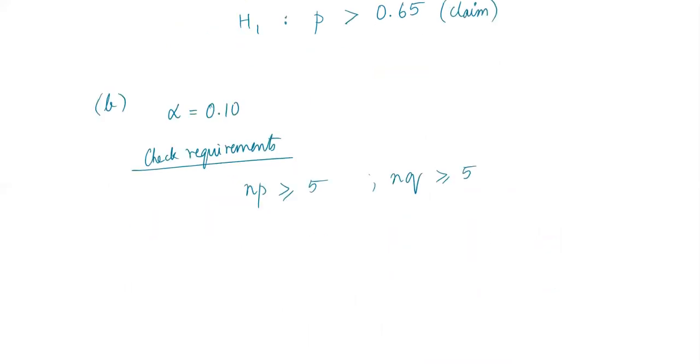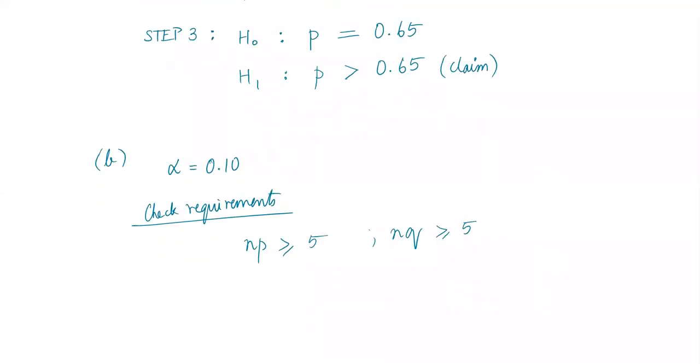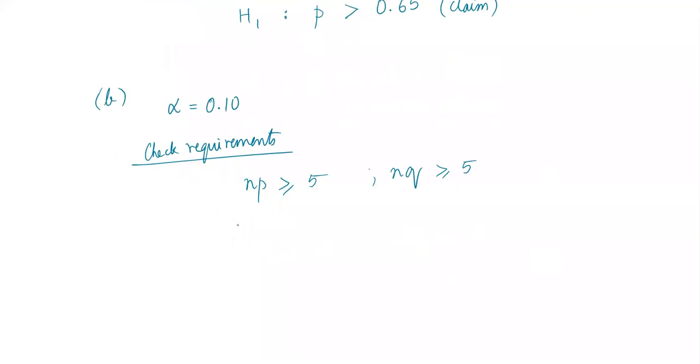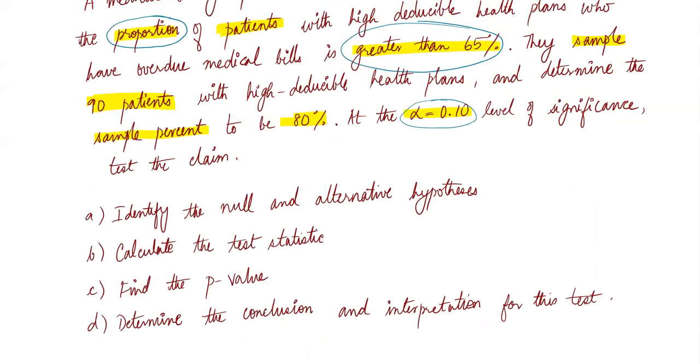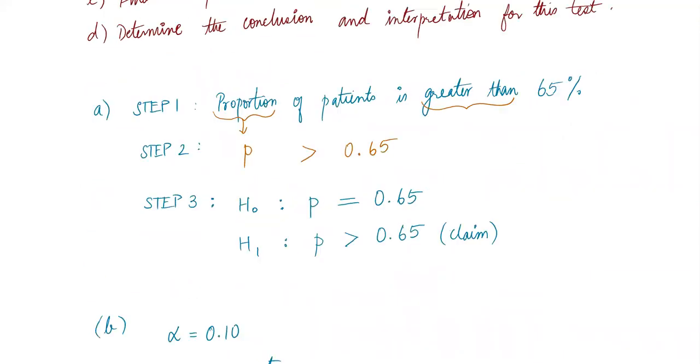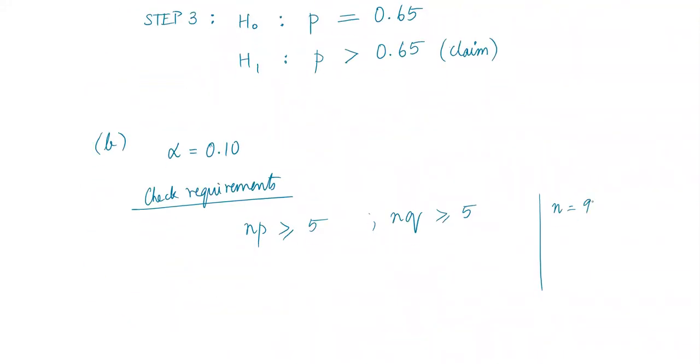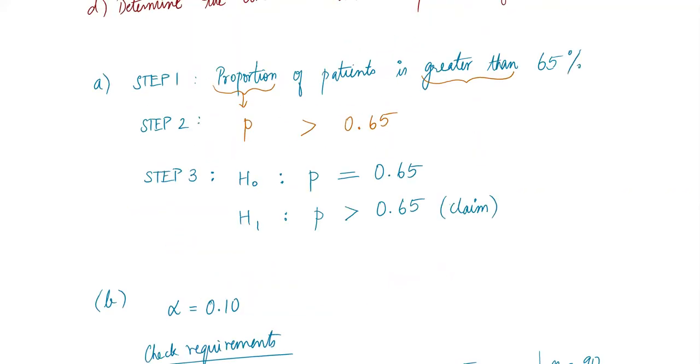So our P is 0.65. And what is N? N is how many people were surveyed. They sampled 90 patients, so N is 90. P is the proportion from the population, and that was 0.65.